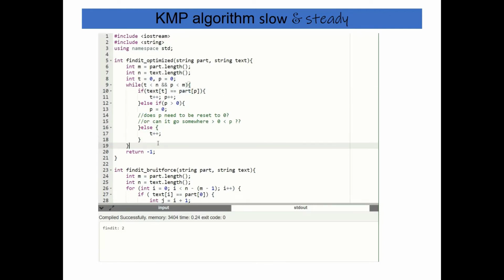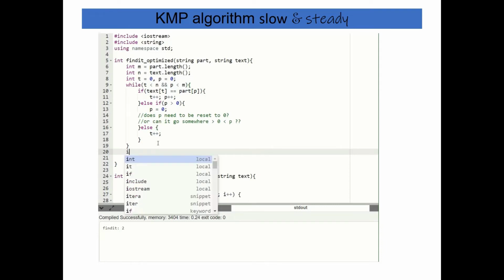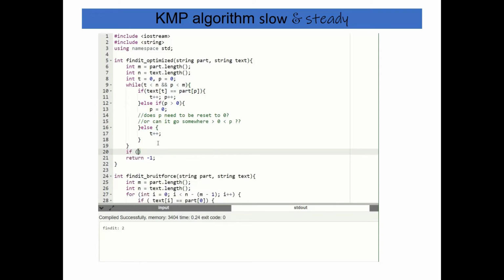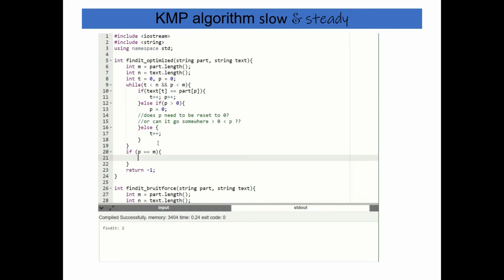So having coded this, once we are out of this loop, if the index into the part has gone over its size, it indicates that we have matched all the characters of part successfully.